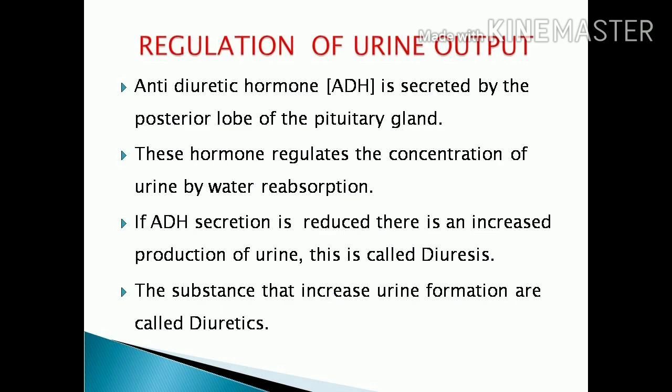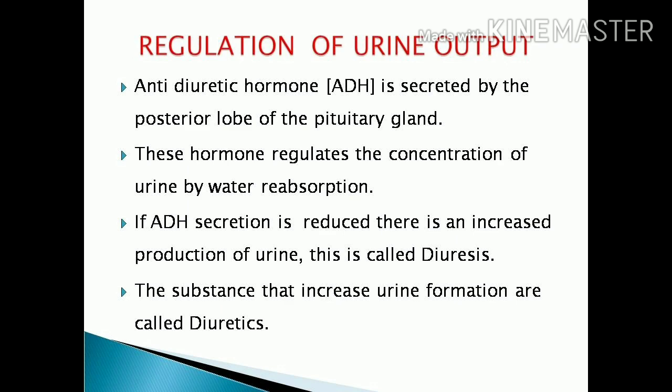This condition is known as diuresis, and the substances that increase urine formation are called diuretics. Diuretics may be not only water, but also coffee, juice or tea. Whatever we are drinking acts as a diuretic.